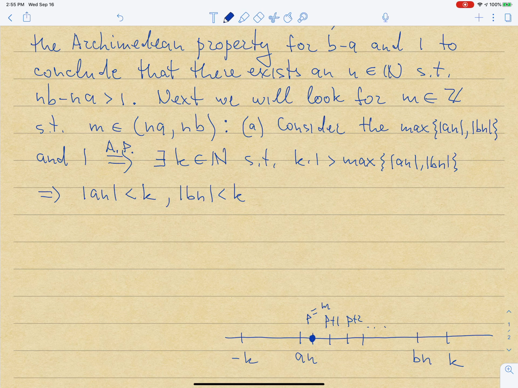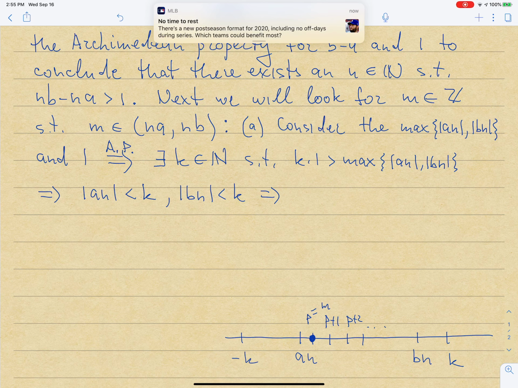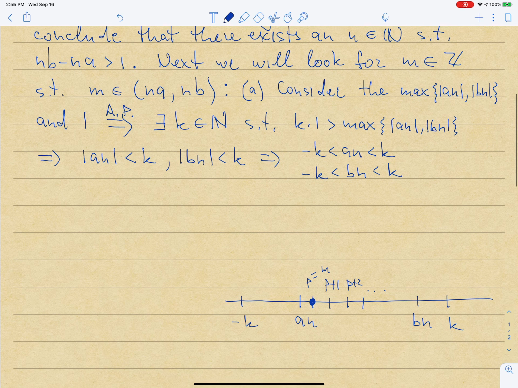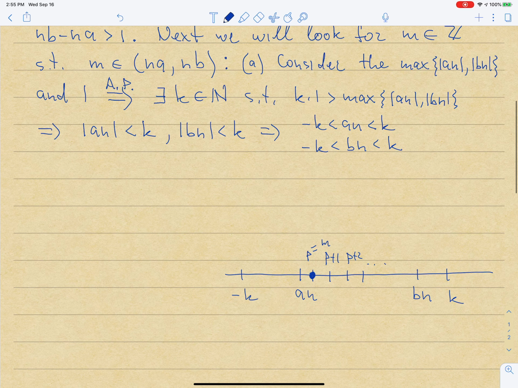Okay, fine. And then this will imply two things, or this is equivalent to actually writing two things. Minus k is less than an less than k, and minus k is less than bn less than k, right? That's what it means to have absolute value less than k. We already discussed this before.